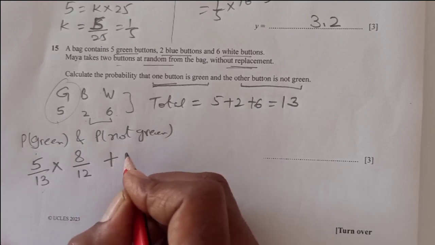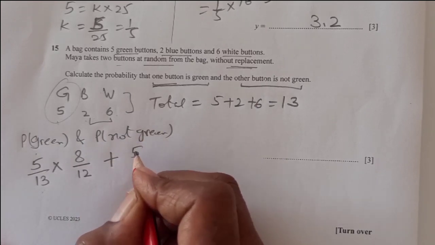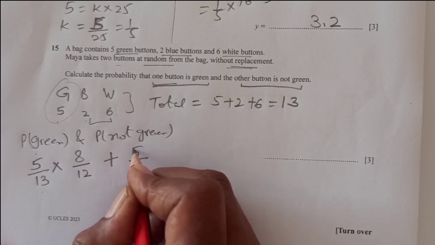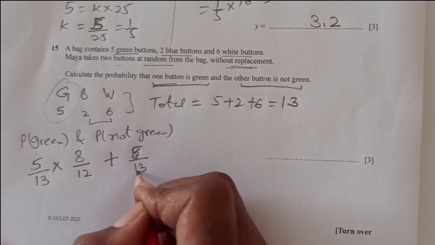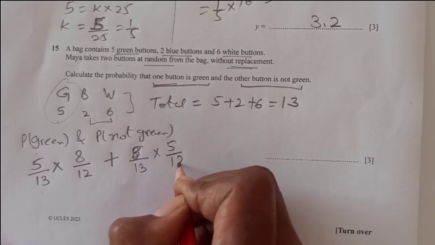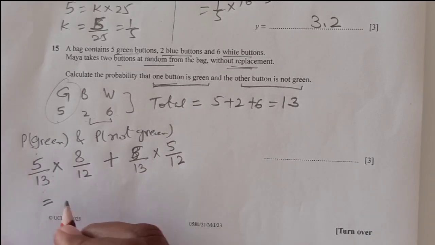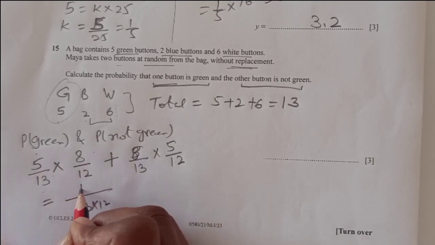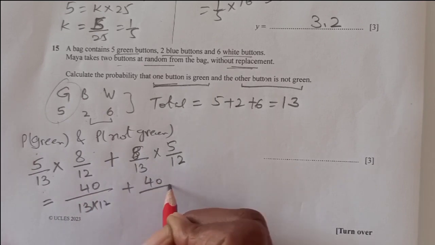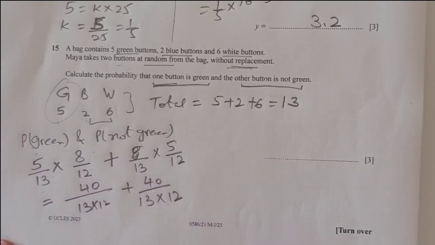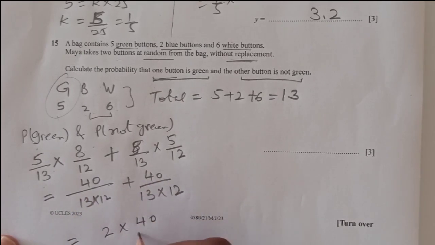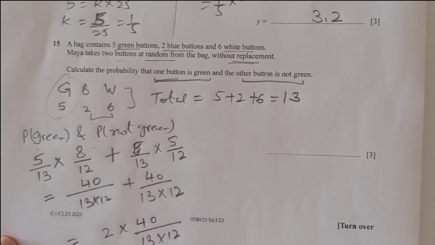Again, or it may be the other way round: first we take not green, 8 out of 13, times 5 out of 12. So you see, it's the same thing: 13 times 12, 8 times 5 is 40, plus this is 40 over 13 times 12, right? So this became twice of 40 over 13 times 12, because 40 plus 40 becomes 80, so 2 times this.